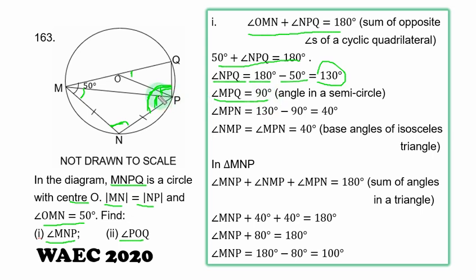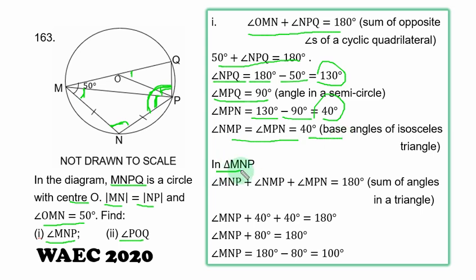So this angle that we need becomes 130 degrees, the entire angle, minus the angle in the semicircle, 90 degrees, and you have 40 degrees. So this angle is 40 degrees, this angle is also 40 degrees, base angles of isosceles triangle.